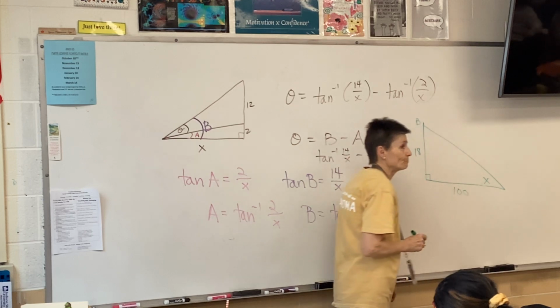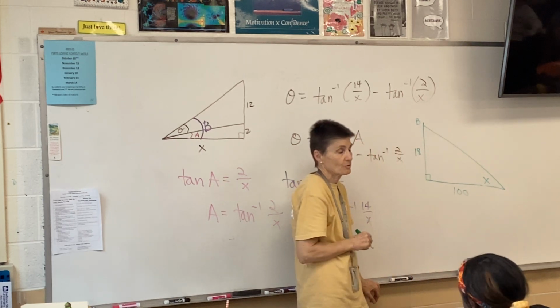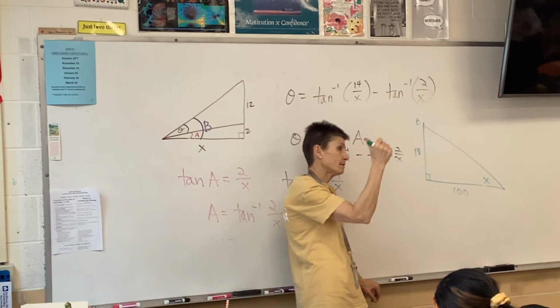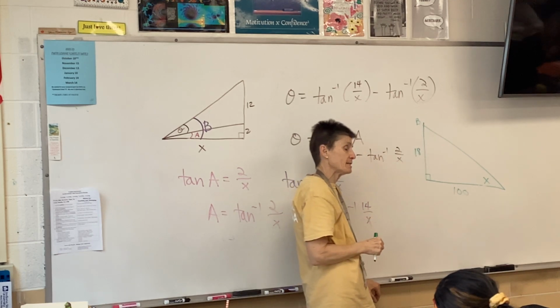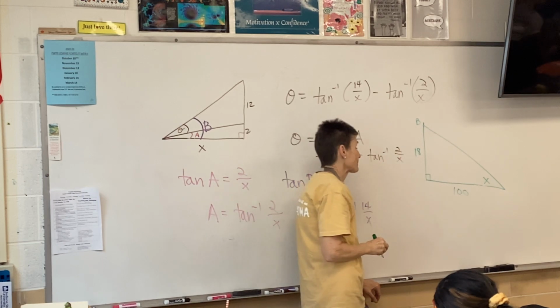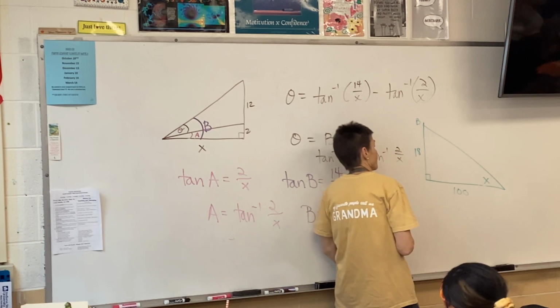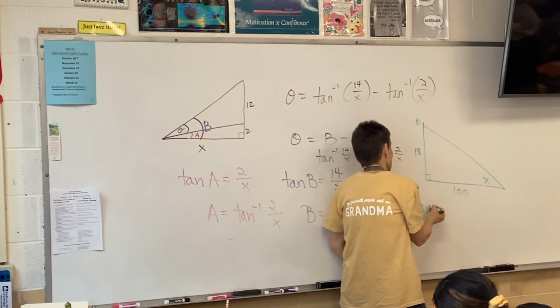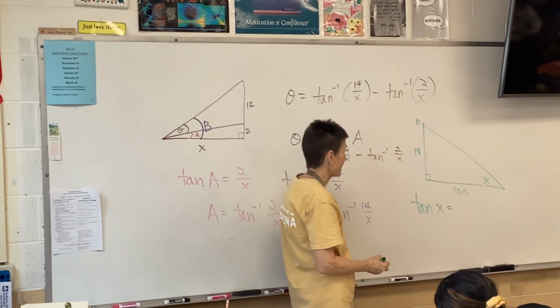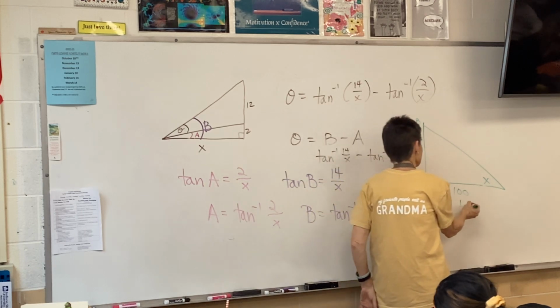How do we know? Base of the tree. Write an equation. Sine, cosine, tangent. Make your life easy. Use sine, cosine, or tangent. Which one? Tangent. So always tangent angle. So tan x in this case equals 18 over 100.